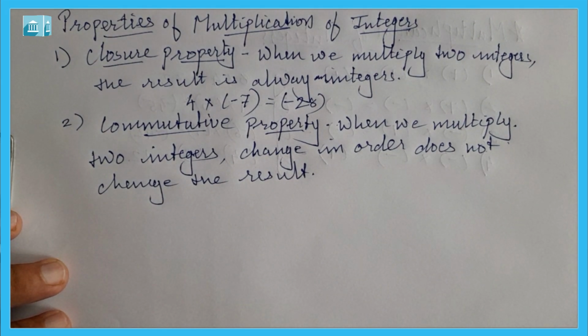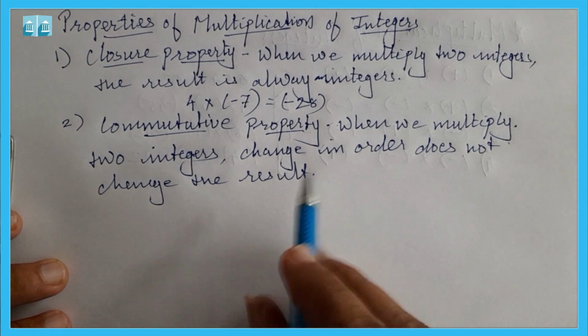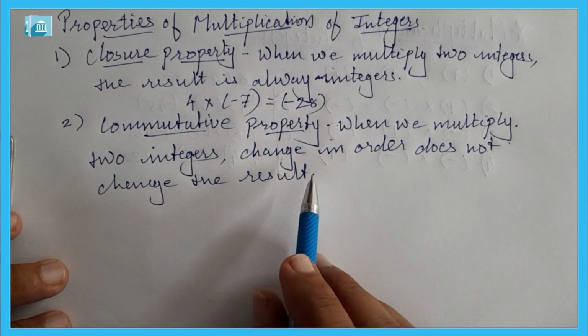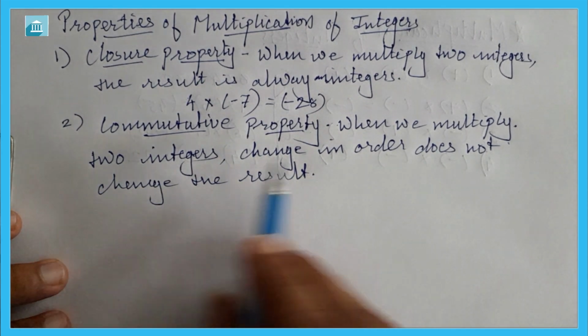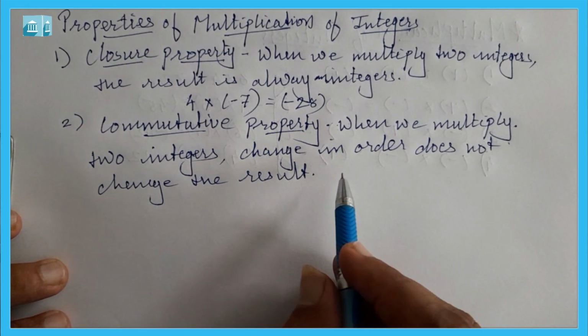As we had done in addition, when we add two integers, change in order does not change the result. Here also, the same way, when we multiply two integers, change in order does not change the result.